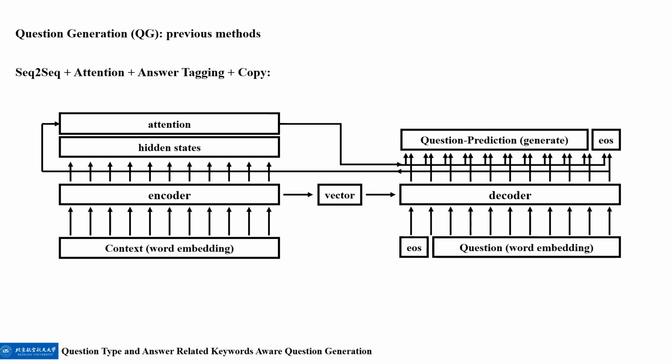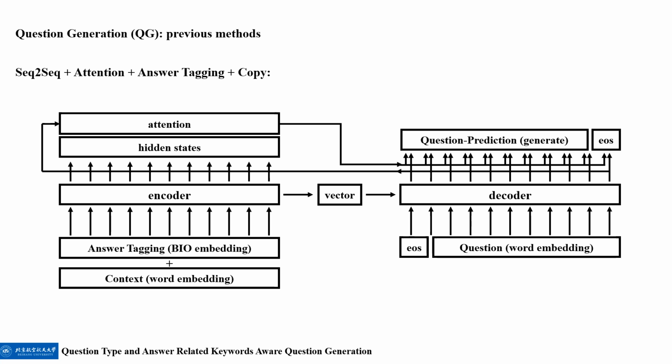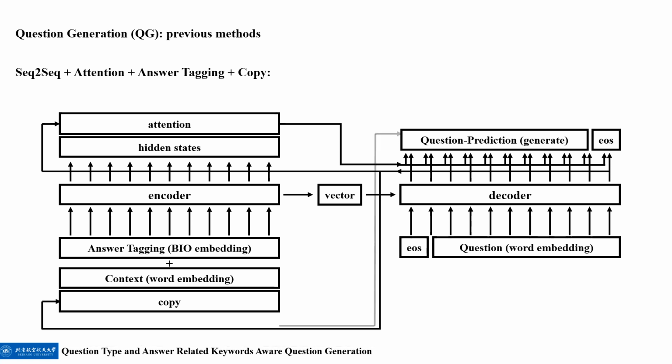To put emphasis on the specified answer, the position of the answer in the context is denoted by BIO labels, which is short for begin, inside, and outside. As some of the words in the context can also be used to form the question, the copy mechanism is proposed to directly select words from the context as part of the prediction.